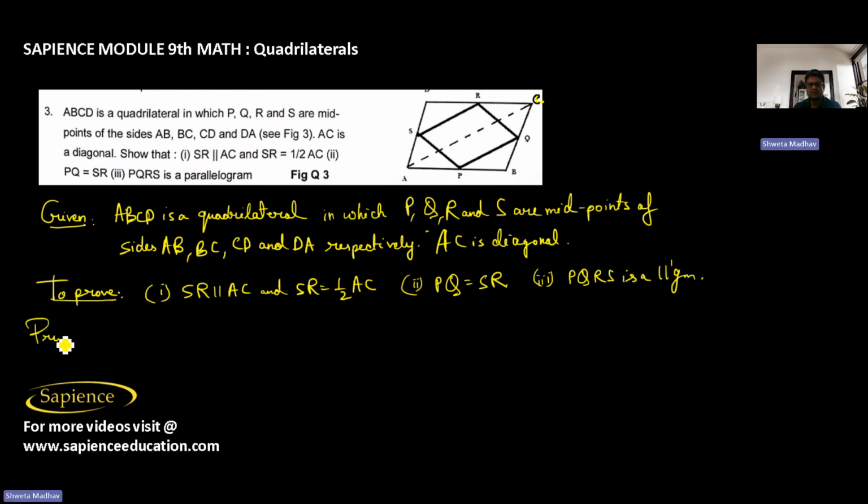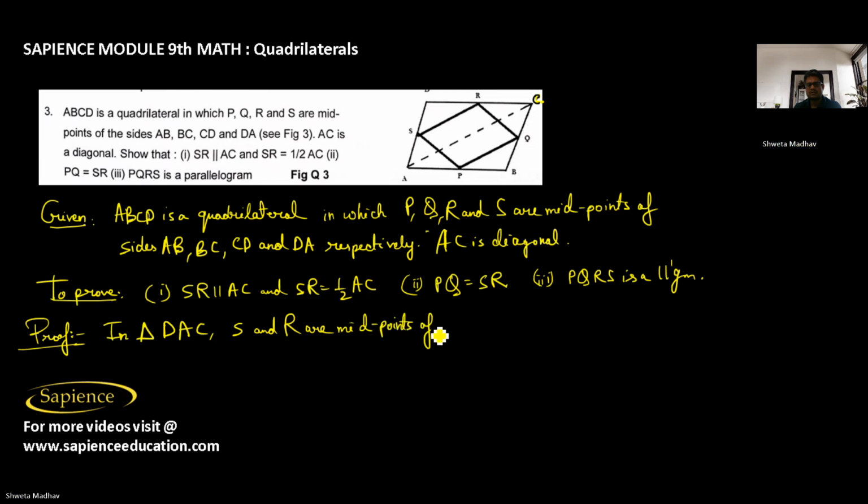So the proof will be: in triangle DAC, S and R are midpoints of the sides DA and DC respectively, since it is given.